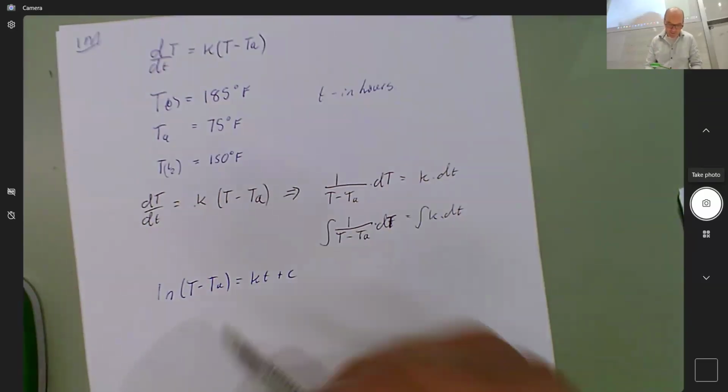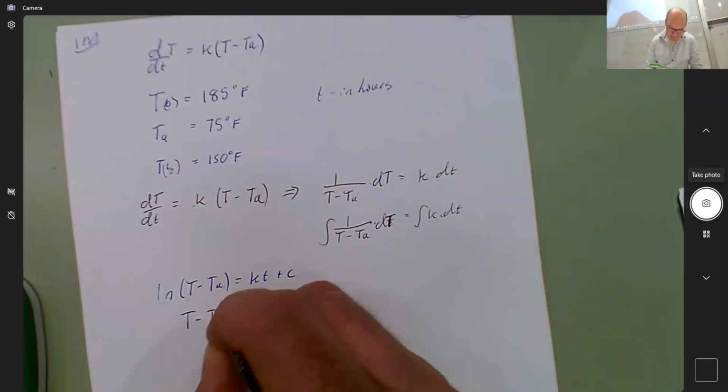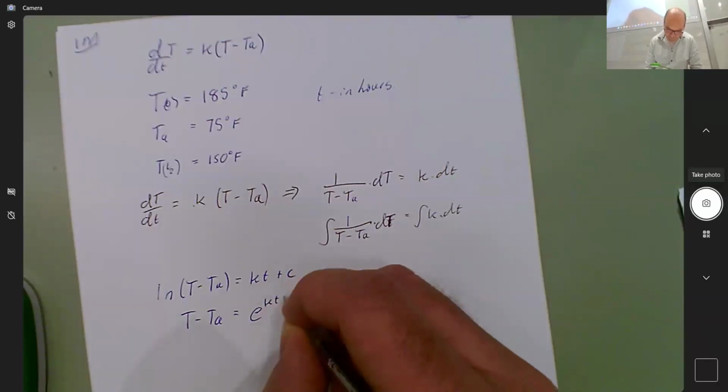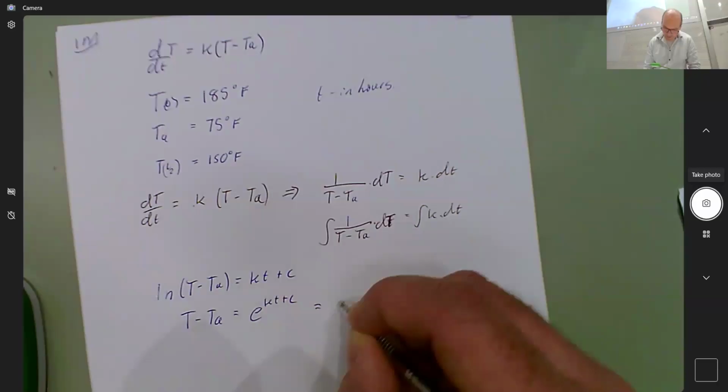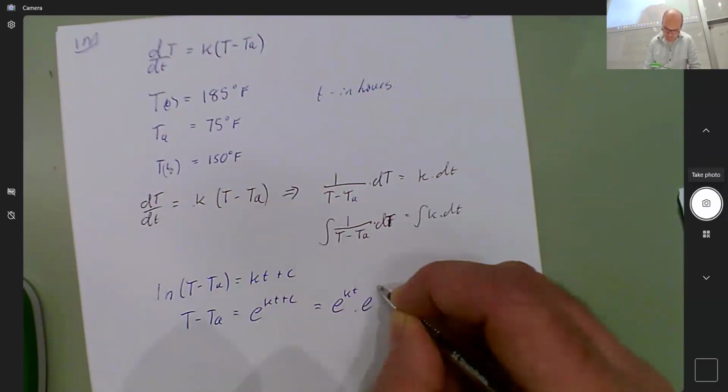Then I'm going to take exponential of both sides. So I'm going to get T minus Ta is equal to e to the (kt plus c). And we are going to write that as e to the kt times e to the c.